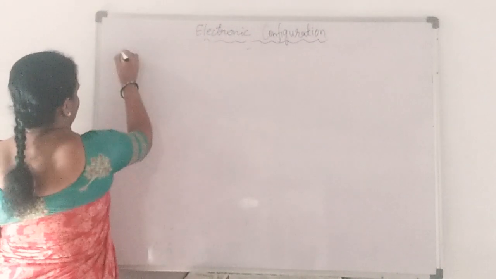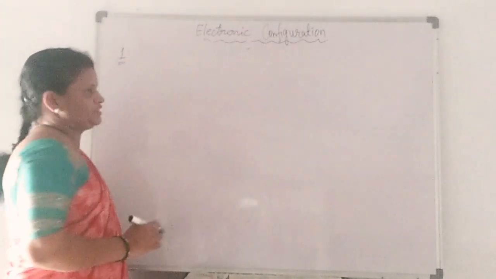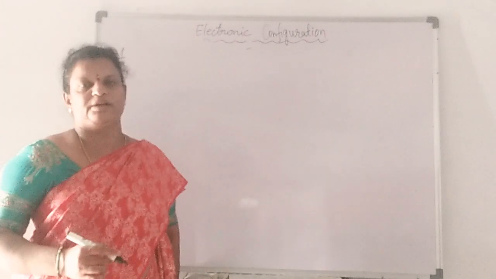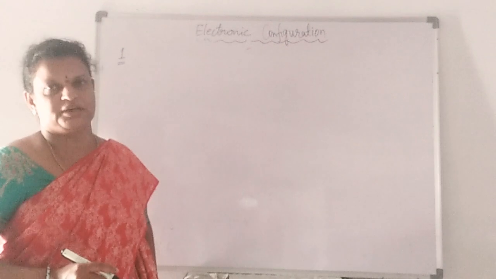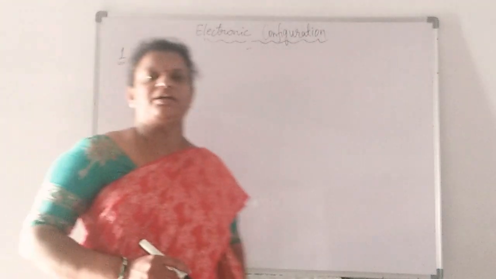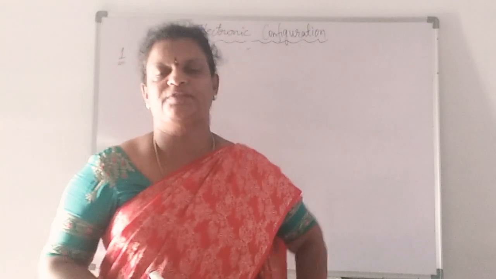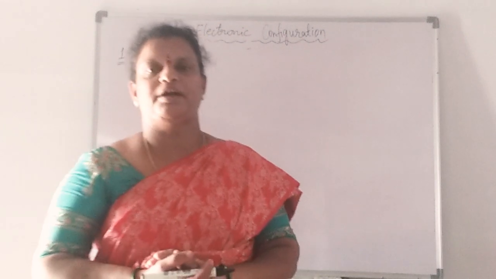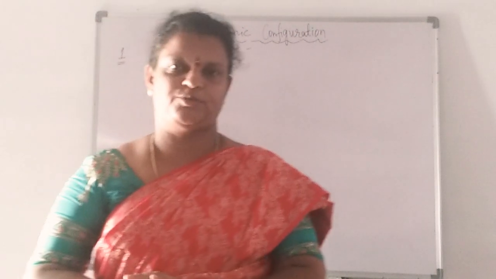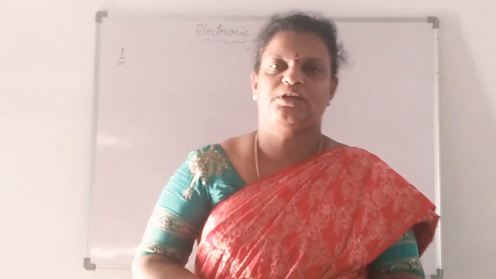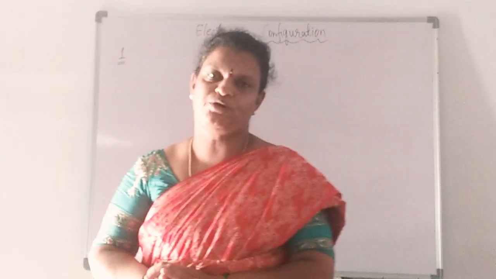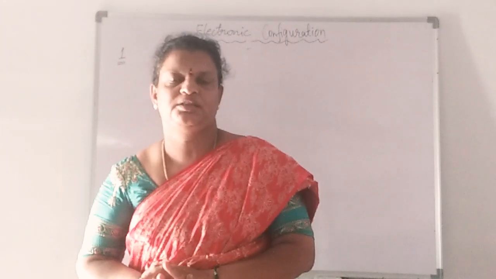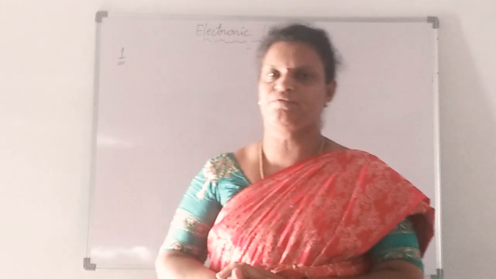So let us take the first shell. In this first shell, n, the principal quantum number, becomes 1. So for the azimuthal quantum number, only 0 is possible, because the azimuthal quantum number starts from 0 onwards and the maximum value is n minus 1.